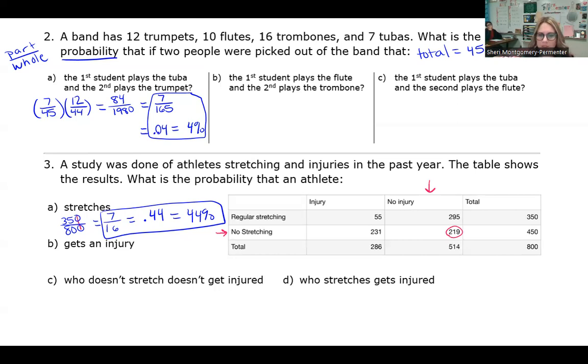And we also had to look at the total who doesn't stretch. So no stretching. The total for those that didn't stretch was 450. So the total is 450. And the part is describing who doesn't stretch, who doesn't get injured. So that is 219. Again, we're going to reduce this fraction.